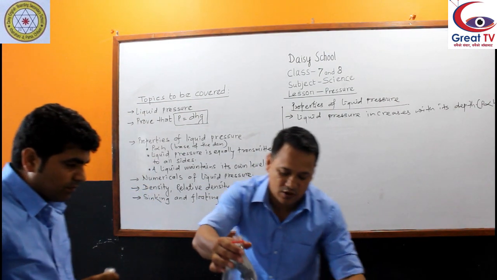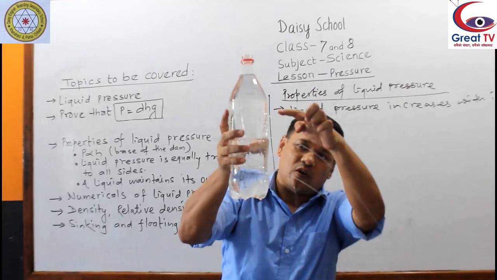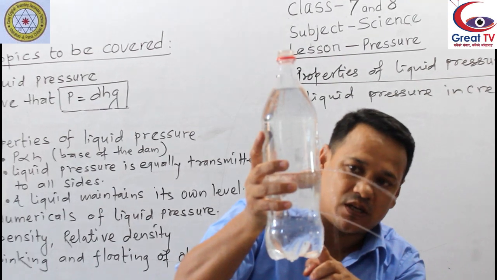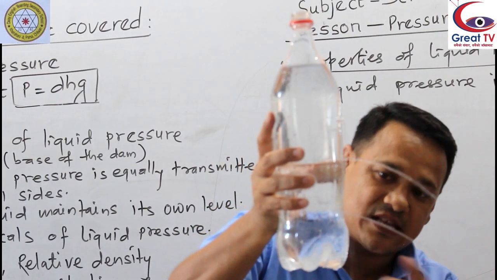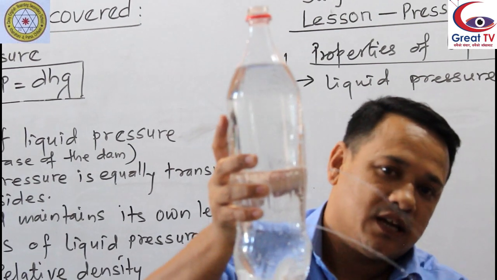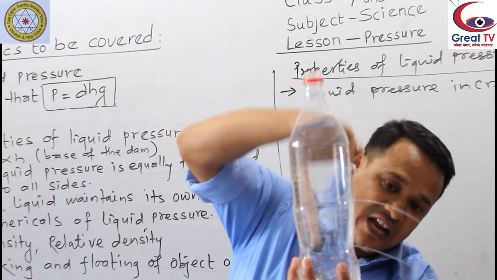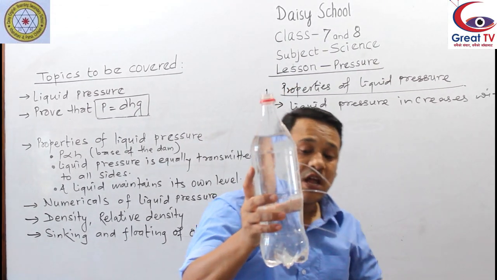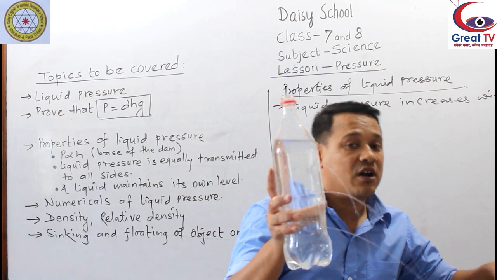Look here. From the top hole, the liquid falls nearby the bottle. From the second hole, it covers a little more, a longer distance. And from the bottom hole, it covers the longest distance. Why? When the depth increases, liquid pressure also increases, and it covers a longer distance.